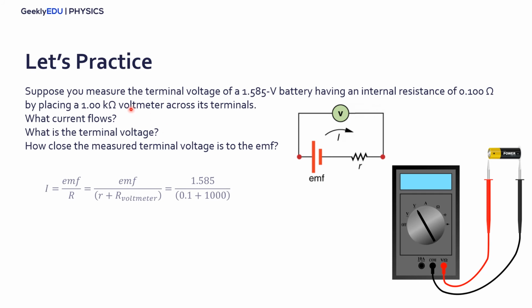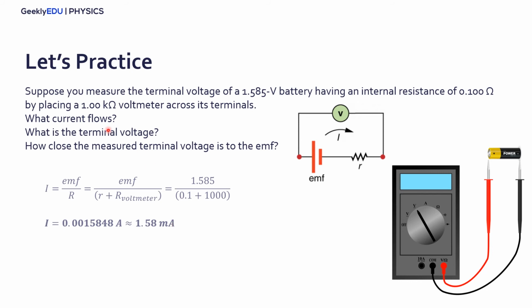We can use Ohm's law to calculate the current. The current is the EMF of the battery divided by the total resistance, in this case the internal resistance plus the resistance of the voltmeter. So the current that flows is around 1.58 milliamperes.